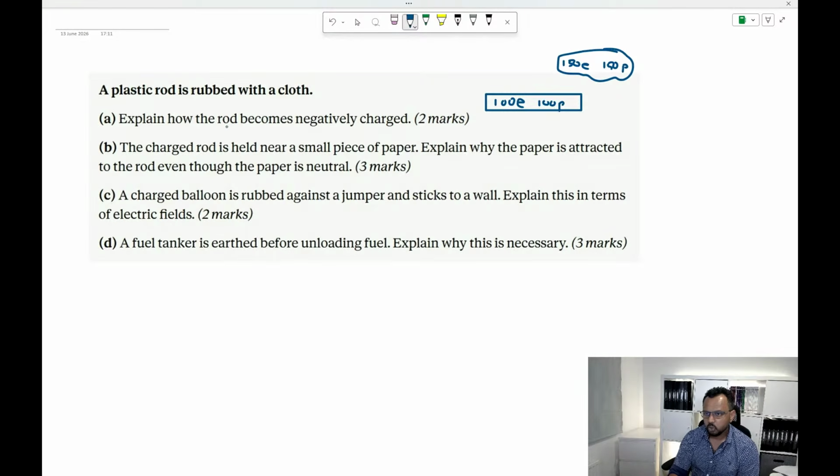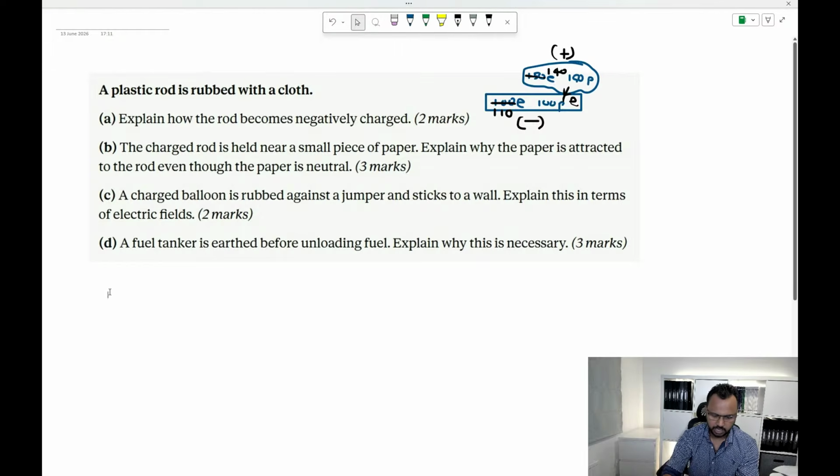Now, the rod becomes negatively charged when you rub these two together, and some electrons transfer from here to there. Let's say this becomes 140 and this becomes 110. You have 10 extra electrons, so this has a negative charge and this has a positive charge.